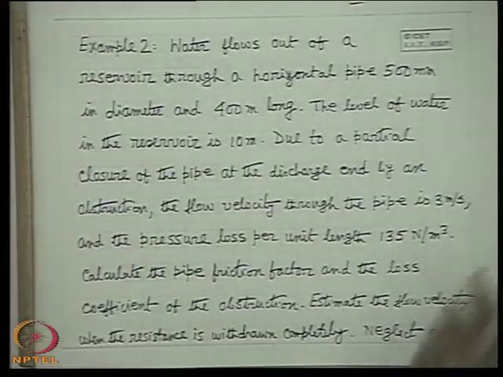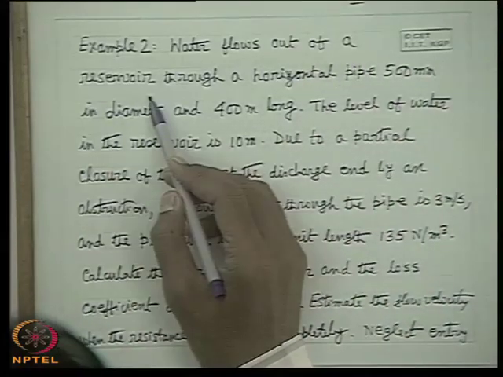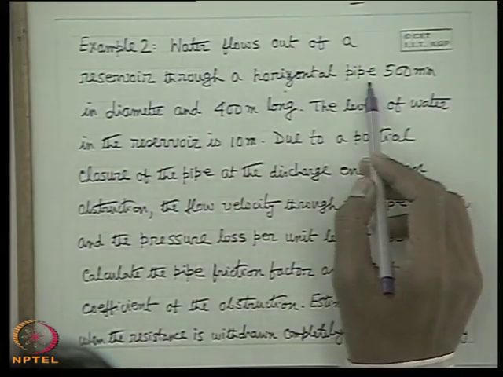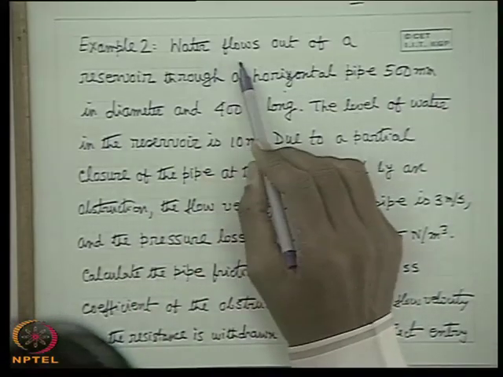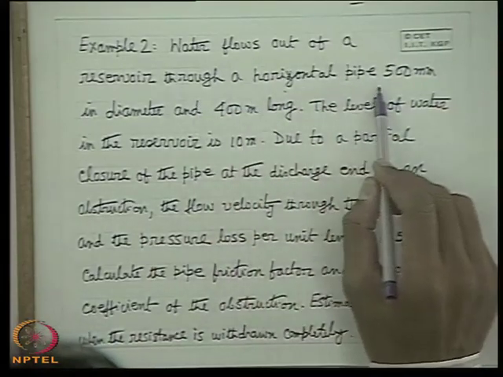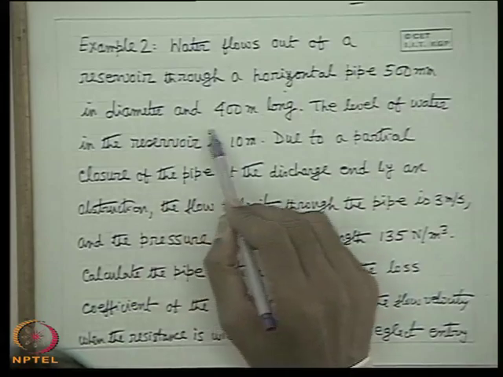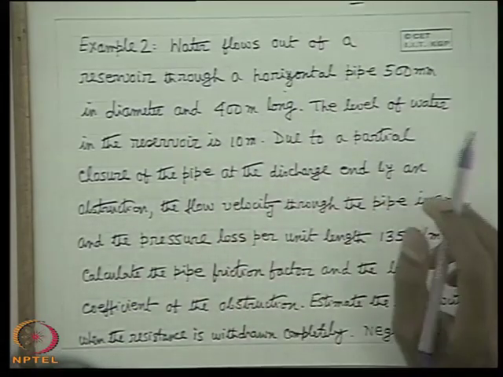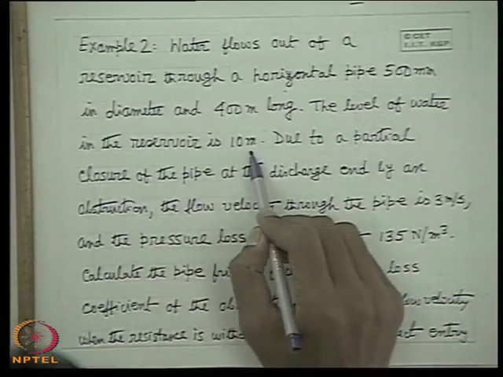Now example 2. Water flows out of a reservoir through a horizontal pipe 500 millimeter in diameter and 400 meter long. The level of water in the reservoir is 10 meter.